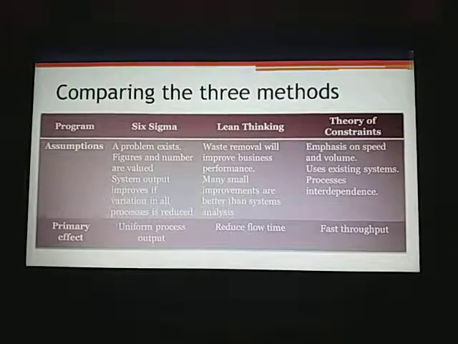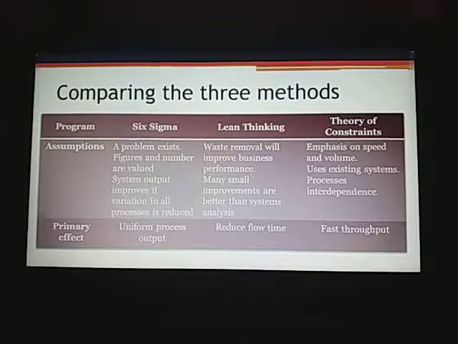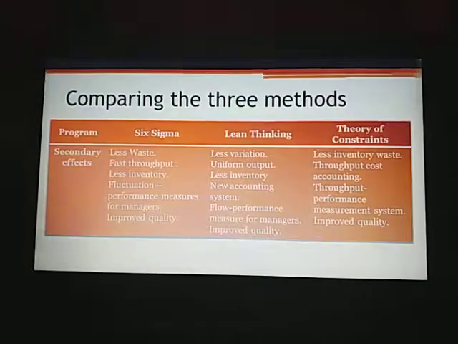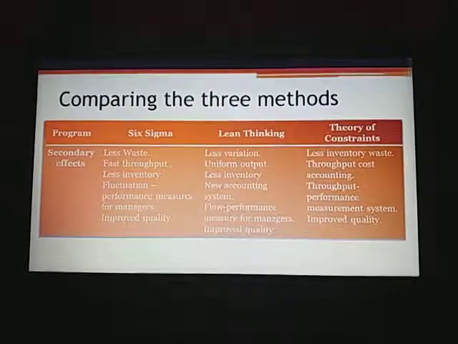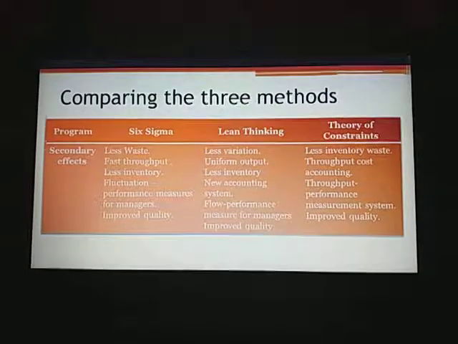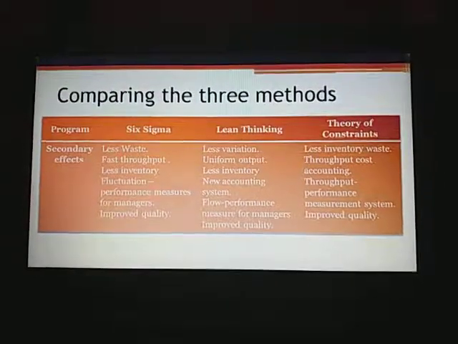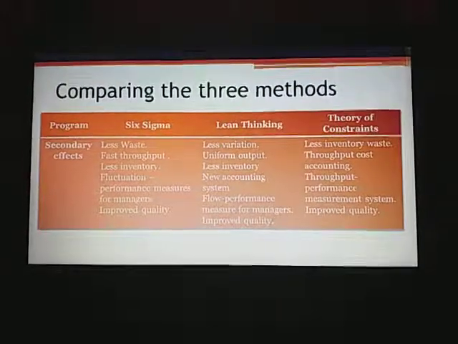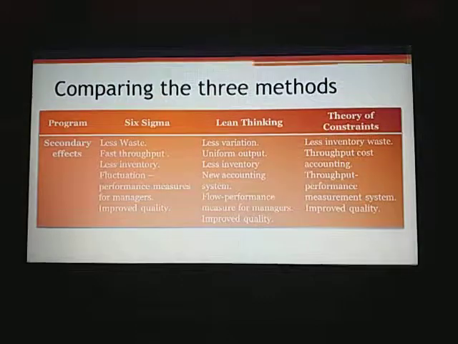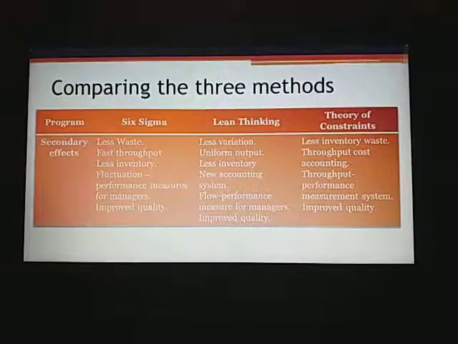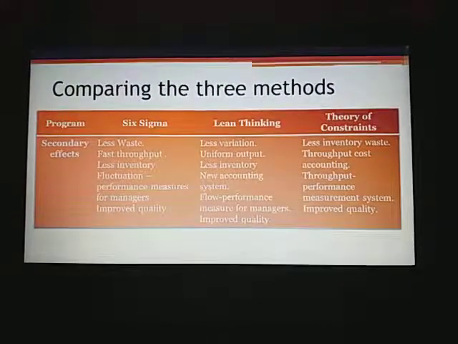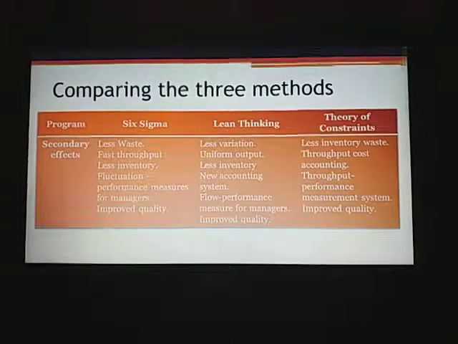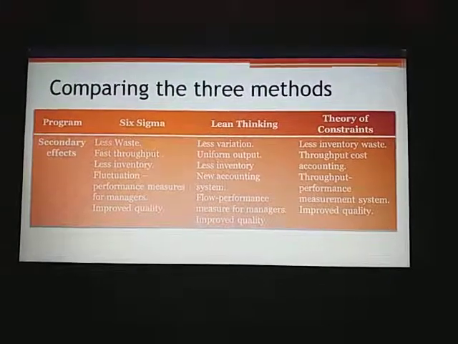In theory of constraints, the primary effect is throughput. Also, we have similarities in secondary effects. For example, less inventory, less variation, less waste, a new measure for managers, and also improved quality.